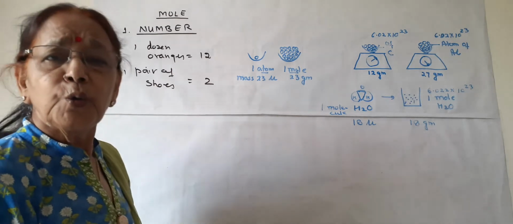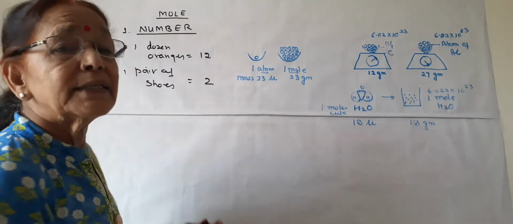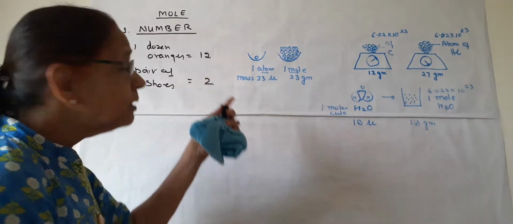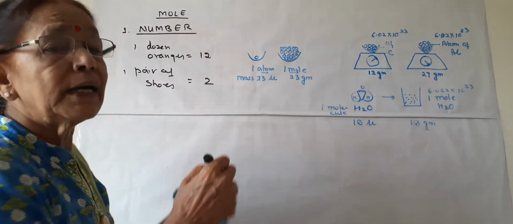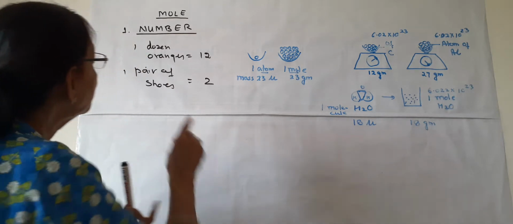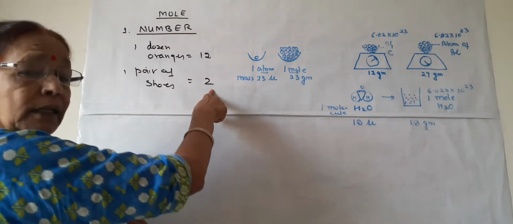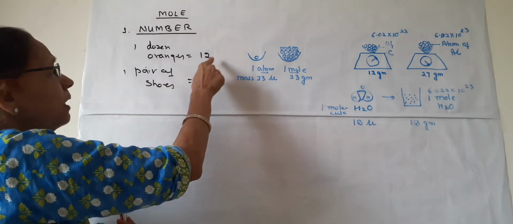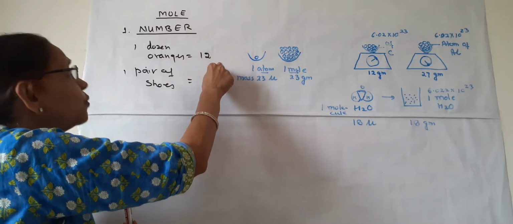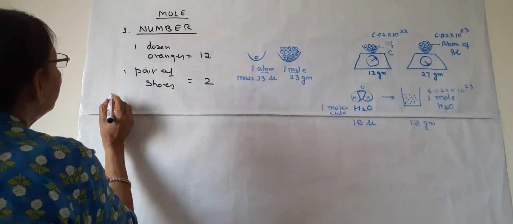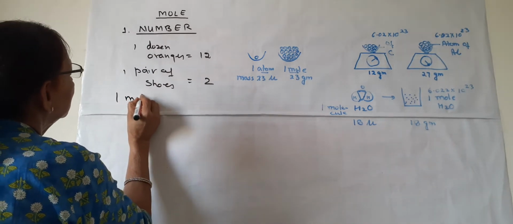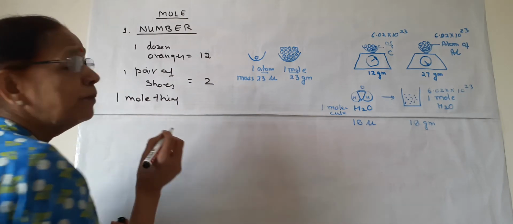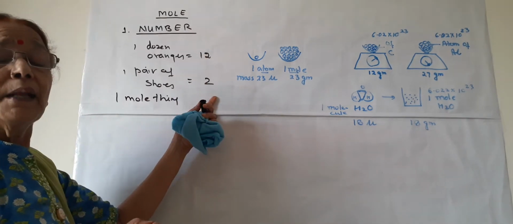We have 2 shoes. So this is like dozen, like pair, like gross. Mole is a number. In a pair of shoes, how many shoes are there? 2. In 1 dozen, how many oranges are there? 12. So, if 1 mole of anything is there, how many should be there?